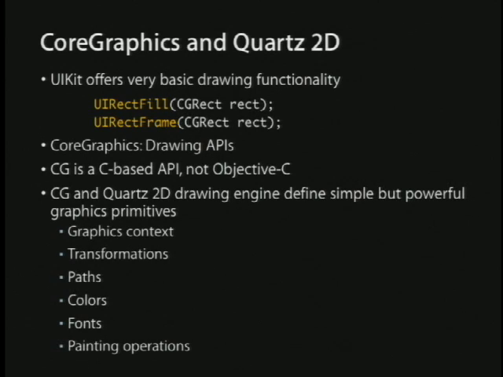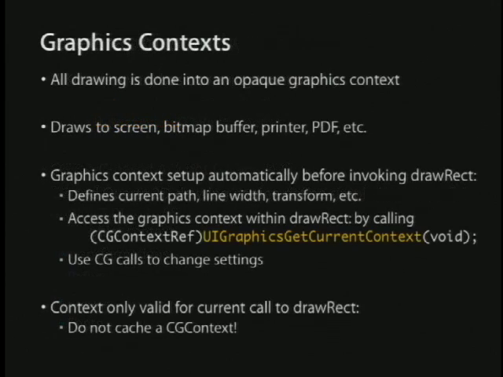It provides the concept of paths, which let you define regions of the screen that you can stroke and fill. It defines colors that let you specify the colors of what you're drawing. It has fonts and a bunch of other really cool stuff. So it does a lot of things. You can basically draw everything you want to draw using Core Graphics.